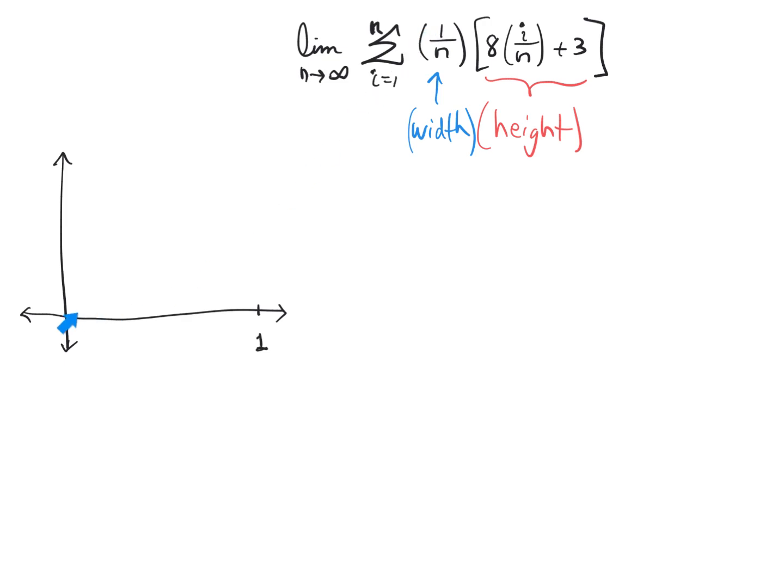Alright, well, how do we know it's from 0 to 1 and not from 1 to 2? We can tell that by using this expression. The only thing that's changing in this expression is the input inside of parentheses. So that must be our x value. And when i is equal to 1, that's where we start with an x value of 1 over n.